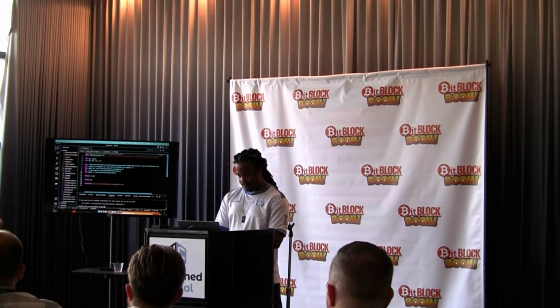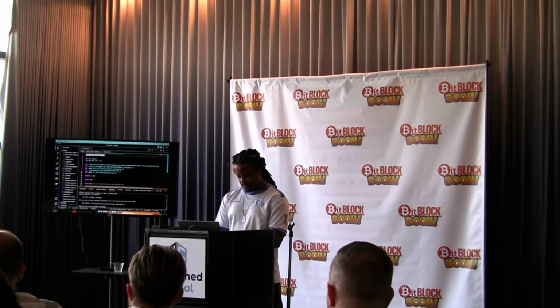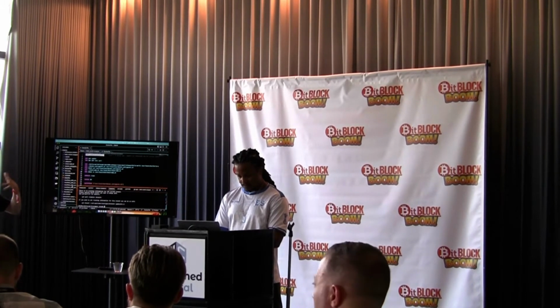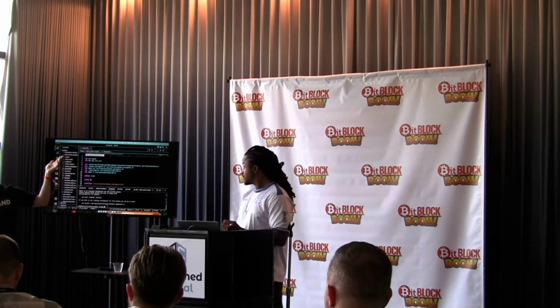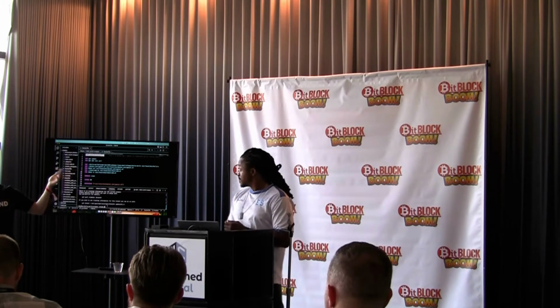Alpine is a Linux distro, okay? You can think of it like Ubuntu. It's just a different Linux distro that is known for small package sizes, which is great because we don't want huge services because they take forever to download and they bloat the system and they take up disk space. So Alpine is a great base OS to use when you are installing a service onto it, right?